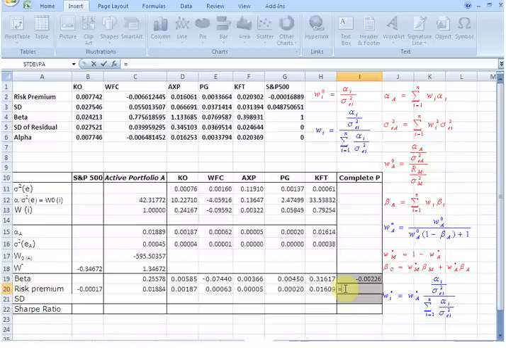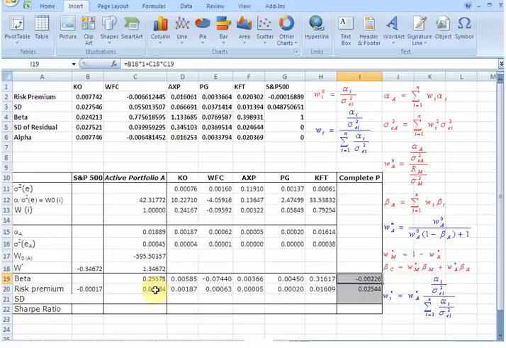So what we are going to do is to pick up the weight on the passive portfolio from here and multiply that by the risk premium on the passive portfolio, and we are going to add to it the weight on the active portfolio multiplied by the risk premium for the active portfolio. So we have 0.02544 as the risk premium on the complete portfolio.